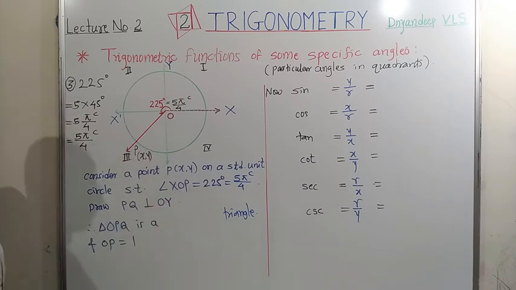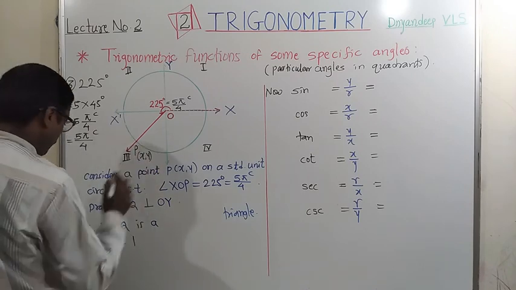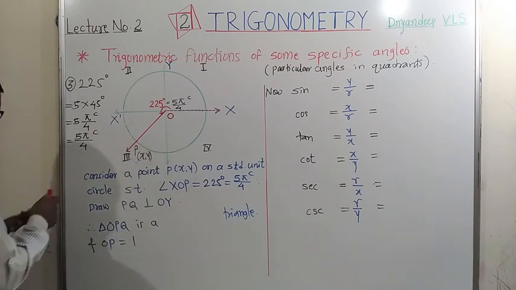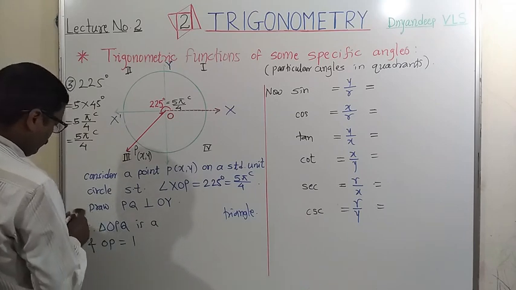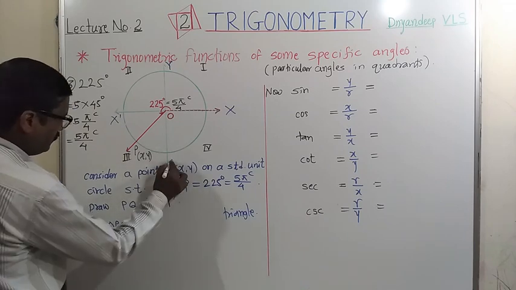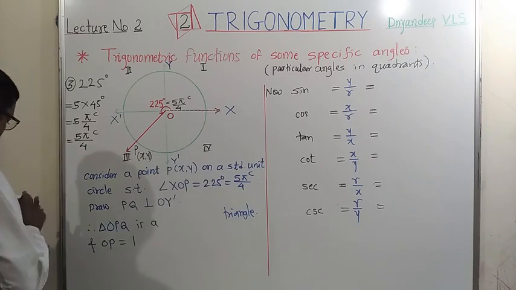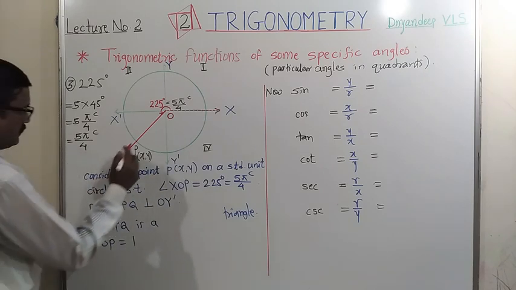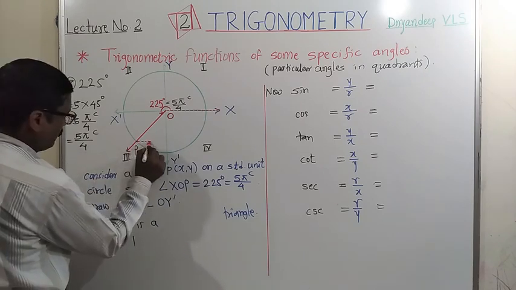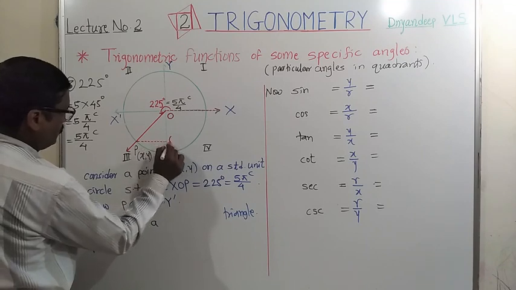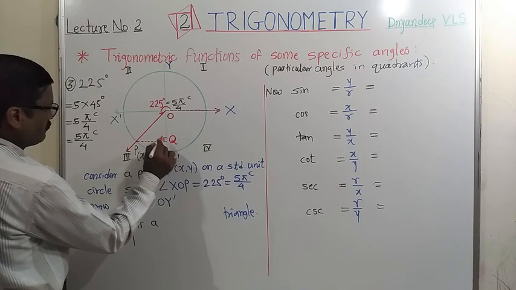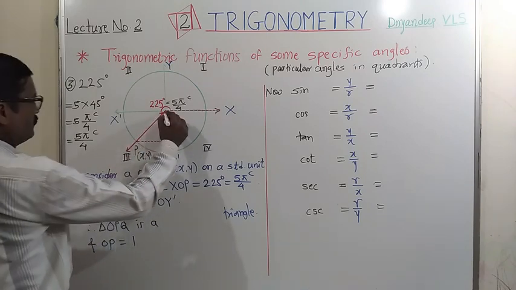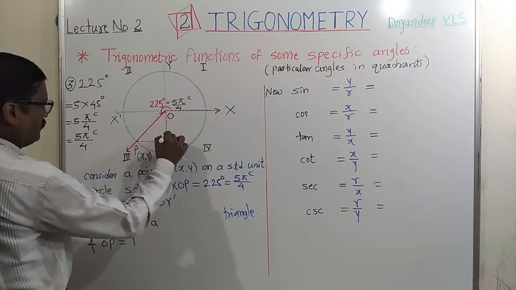Let us take this. So PQ is perpendicular to y-axis, that is OY dash. Then that perpendicular, let us suppose, meets the y-axis at point Q. So this PQ is perpendicular to this negative y-axis.